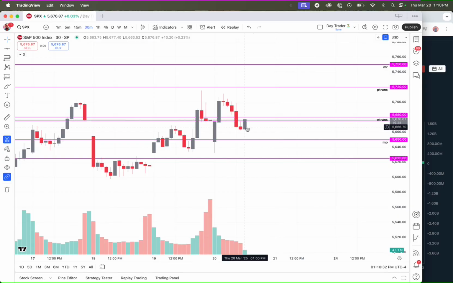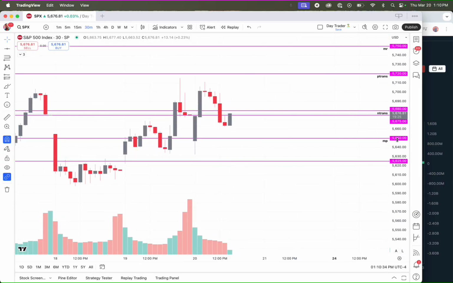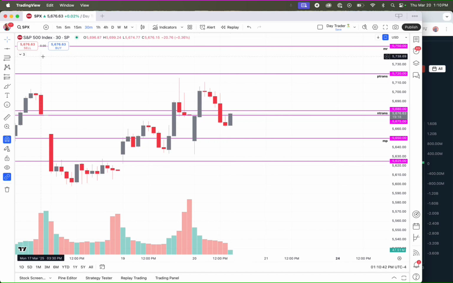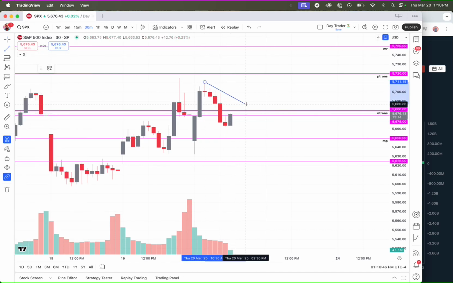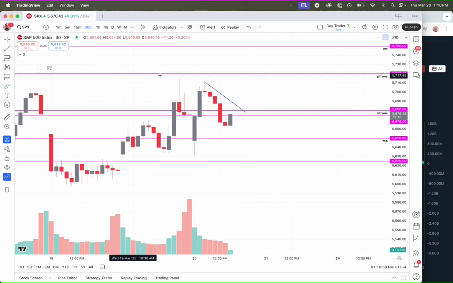Now, a good question is, would you trade between N-trans and P-trans? This is really important. If it looks like a flag, like it's flagging now, it could potentially go up higher. Would you trade that? I would tell you no. Stay away from anything that's between N-trans and P-trans.